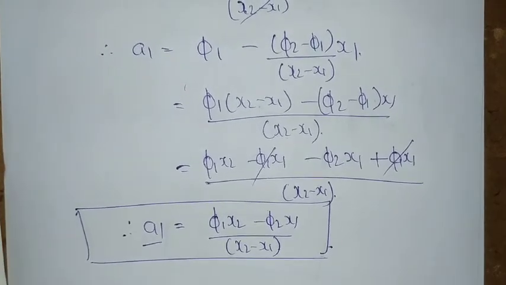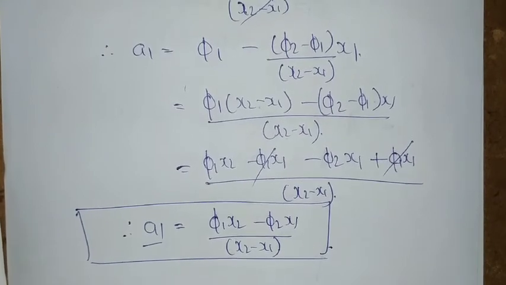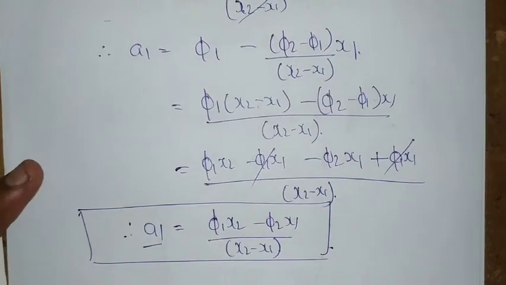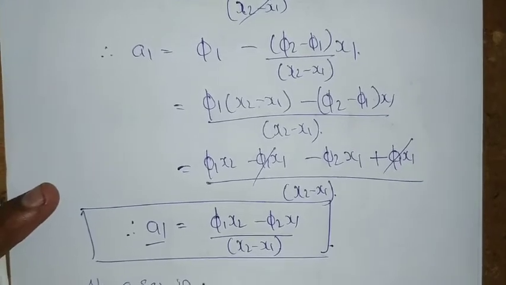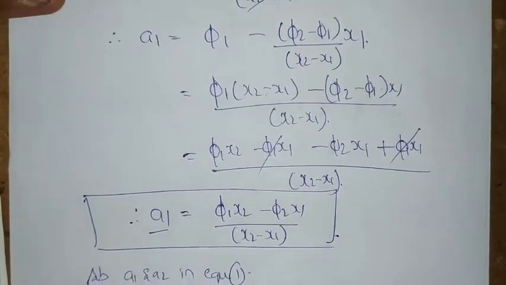So now what we have to do is substitute the values of a1 and a2 in equation 1, and finally derive the shape function for a bar element. So now I am substituting a1 and a2 in equation 1. So what is equation 1?